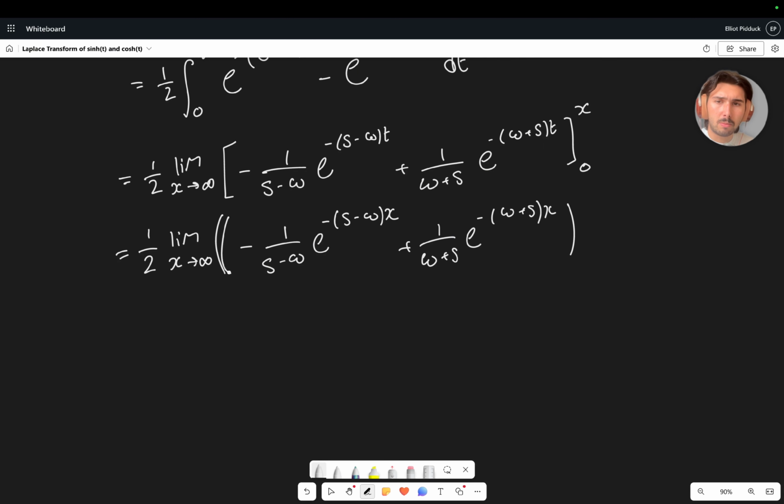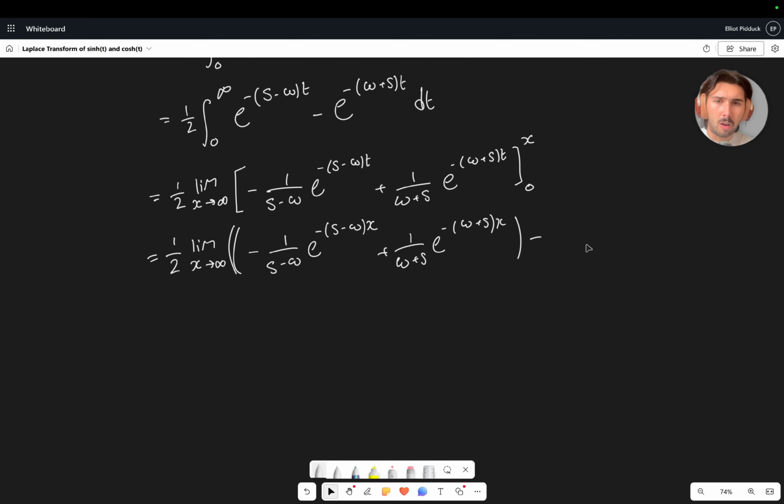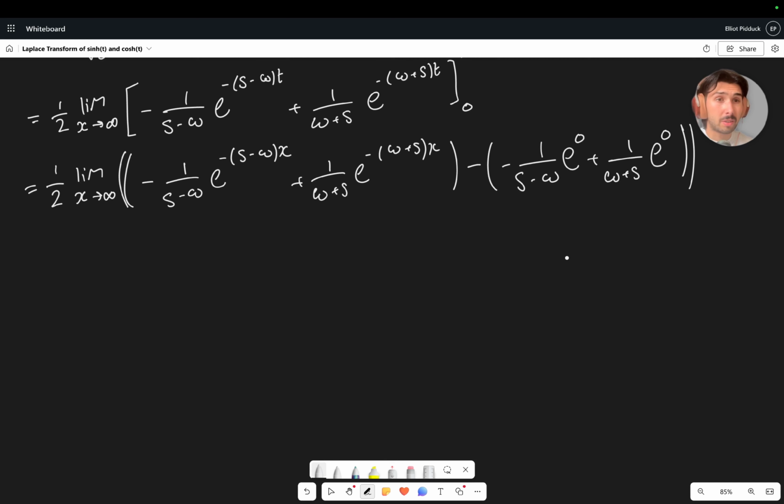And let's put some more brackets around there, minus, and then let's plug in our other values. So now we've got minus 1 over s minus omega times e to the 0, which is the number 1, plus 1 over omega plus s times again e to the 0. Okay, hopefully this makes sense so far. I know it looks a little bit crazy, but we're going to simplify it now.